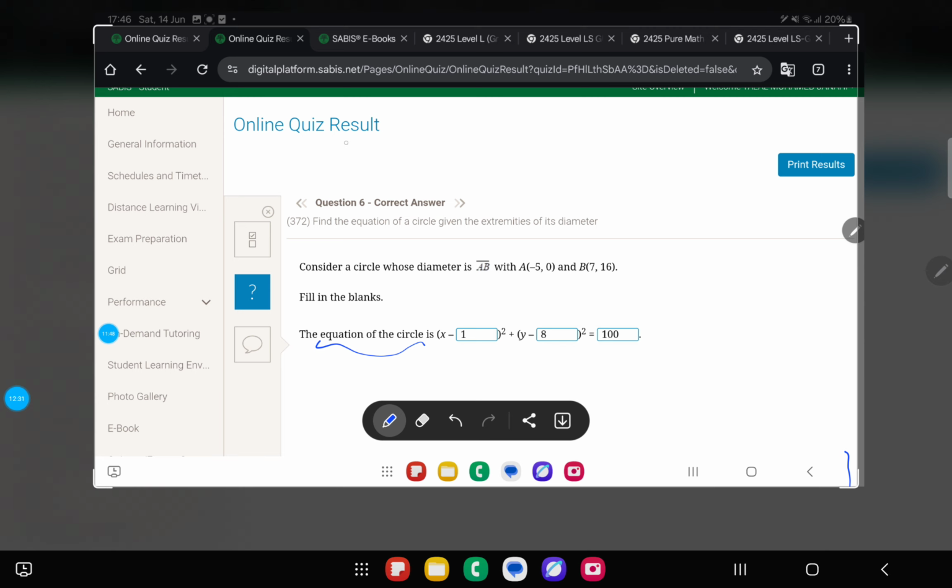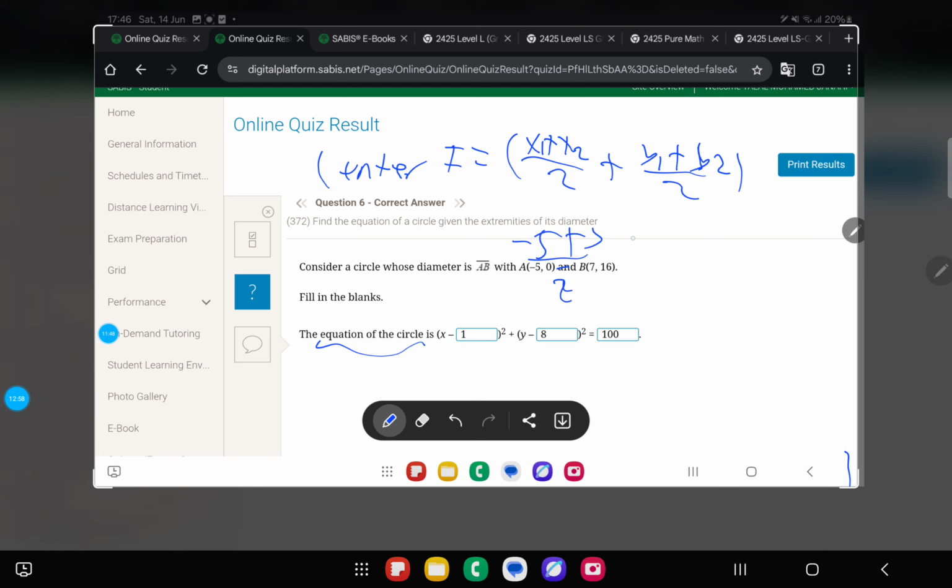For a diameter, when you want to find the center, it's center I equals x1 plus x2 over 2, y1 plus y2 over 2. We got x1 as negative 5 plus 7 over 2, and y1, which is 0, plus y2, which is 16, over 2.